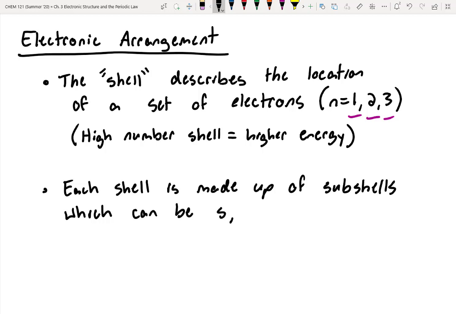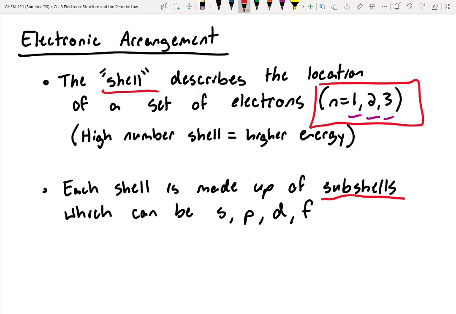Can be S, P, D, or F subshells. So here we're talking about subshells. Up here we're just talking about the parent shell. And we said with the parent shell, we're looking at n levels. So is it n1, 2, 3, or so on. Where over here, we're talking about S, P, D, and F.